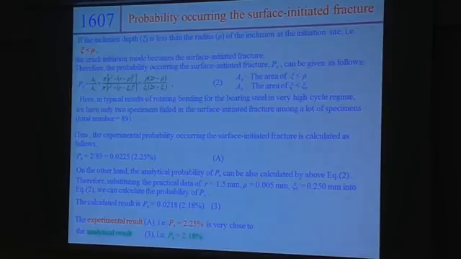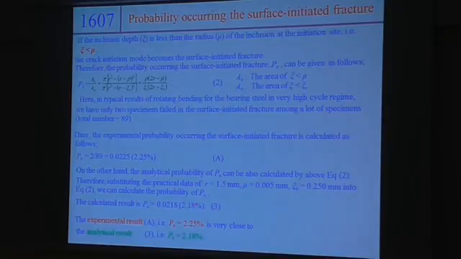Thus, the experimental probability of occurring the surface initiated fracture is calculated as follows. PS equals 2.25%. On the other hand, the analytical probability of PS can also be calculated by the above equation 2. Therefore, substituting the practical data shown here, we get PS equals 2.18%.